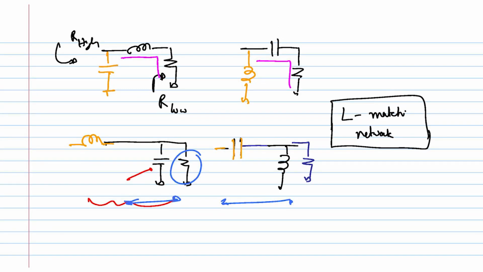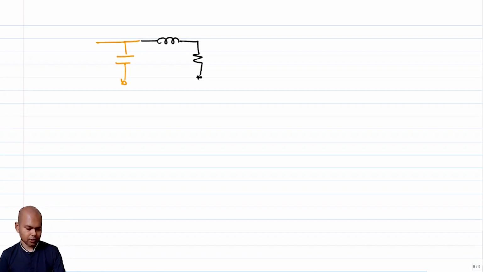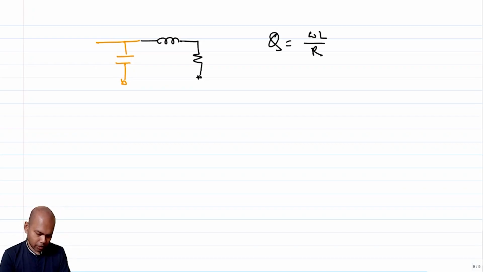And sometimes what happens is, one problem with this L match network is, we had alluded to once, but let me still mention it. So let's say I am making an L match network, which is something like this, right? And this is essentially there to set the resonant frequency and resonate it out, right? Now the problem here sometimes can be the Q is omega L over R, right?